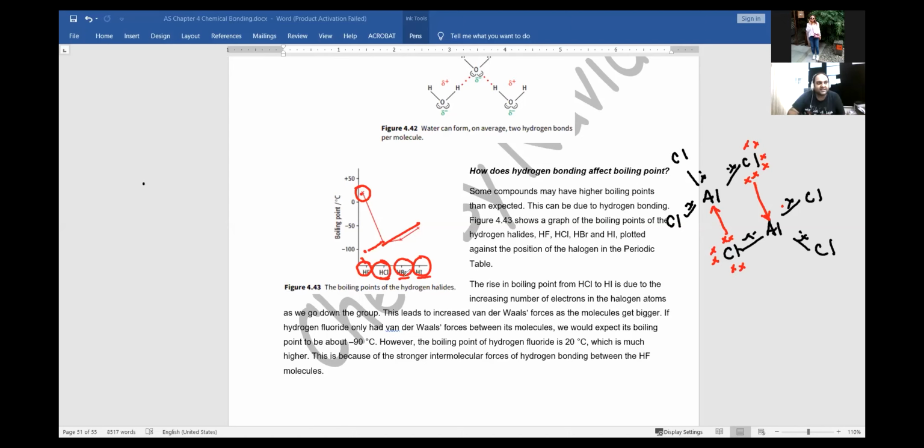What is changing in chlorine, bromine and iodine? The number of electrons, the size of the atom is increasing. So since the size of the atom or number of electrons is increasing, what will happen? The strength of intermolecular forces will increase. Why will it increase? More electrons, more protons, so more attraction.